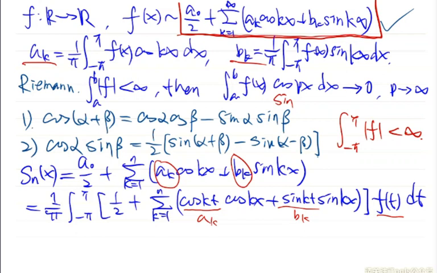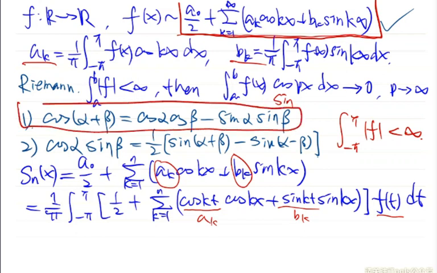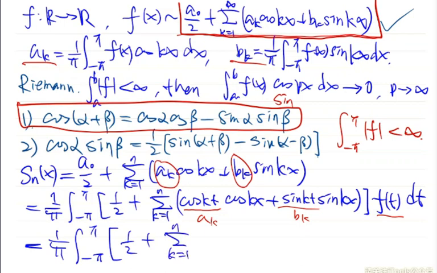Now using this formula, this result can be written as one over pi, integral from minus pi to pi, of a half plus the sum of cosine k(t minus x), f(t) dt.